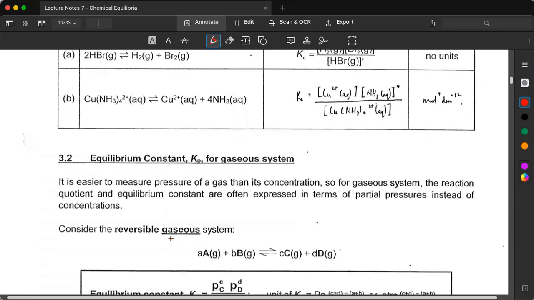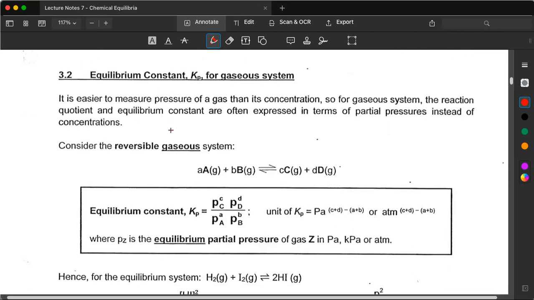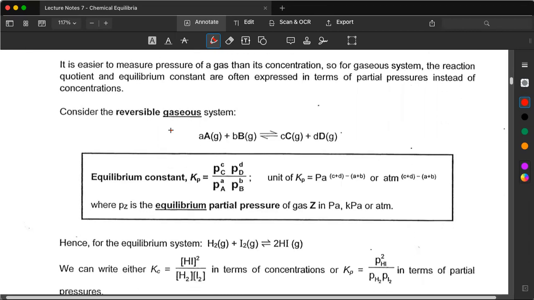Now, let's look at the equilibrium constant Kp. Kc is a general term; C means concentration. If your subscript changes to P, it is pressure, so we're looking at gases. The method is very similar, just that instead of using concentration, you're using partial pressure. Let's look at the reversible gaseous system.